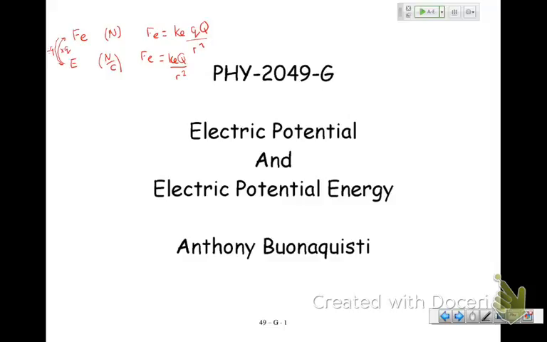Whatever work you do, that energy is stored in the system. In electrostatics, we tend to talk about potential energy because we think of it as static, so the motion has stopped. So the work potential energy theorem seems a good thing to think about. My symbol for potential energy, of course, is U, and I'm going to write UE.